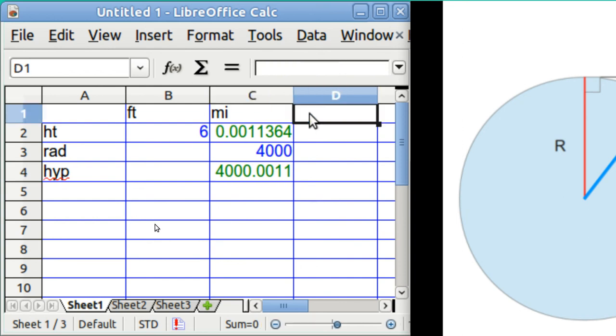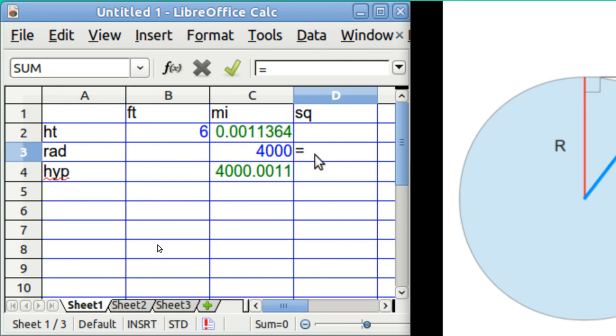Over here, I'm just going to square everything. And we're going to square the radius and the hypotenuse. So let's take C3 times C3.